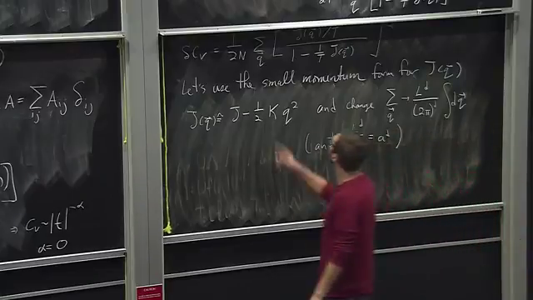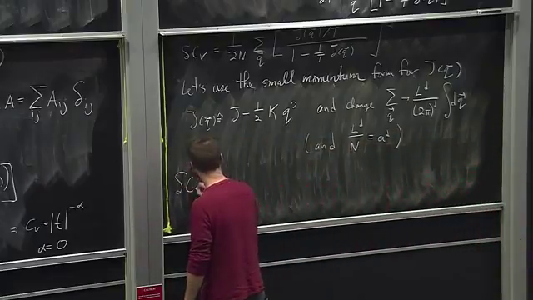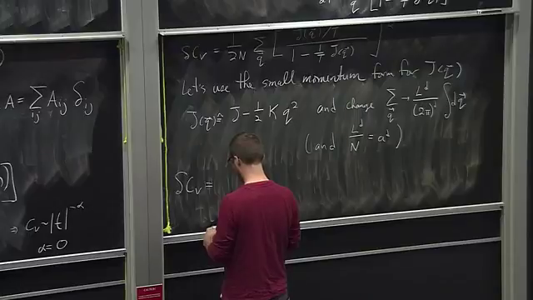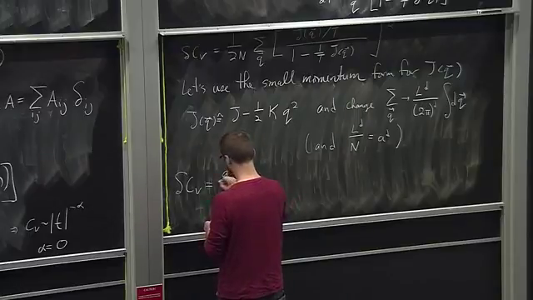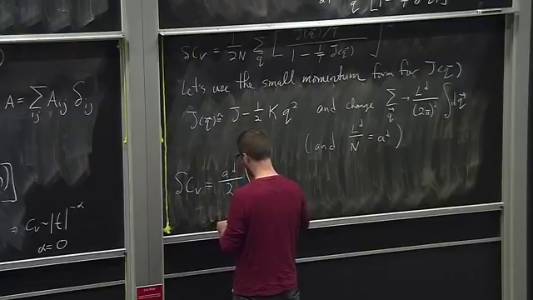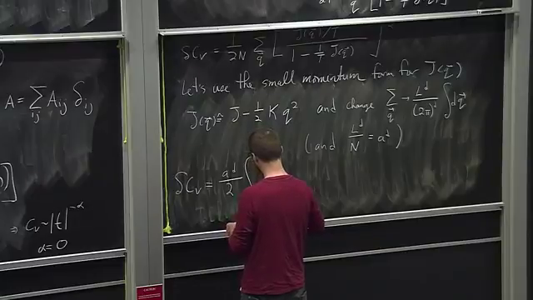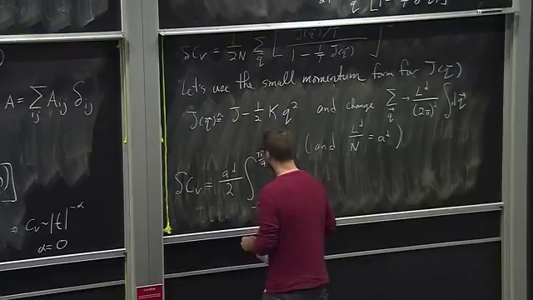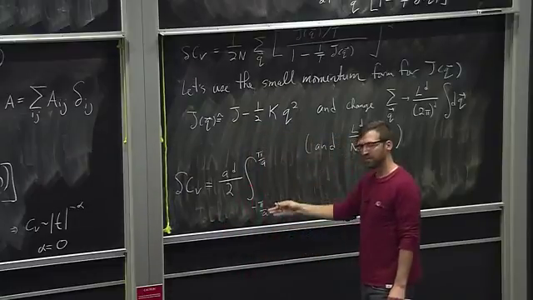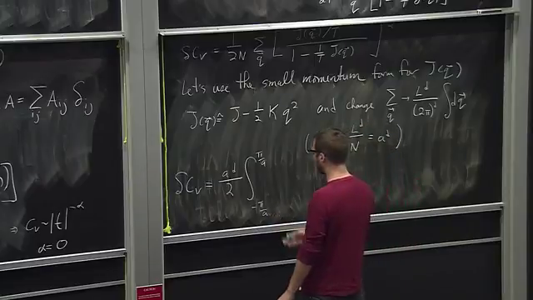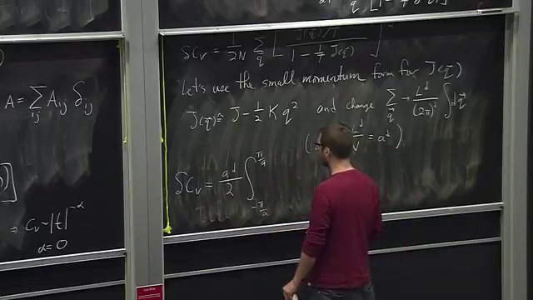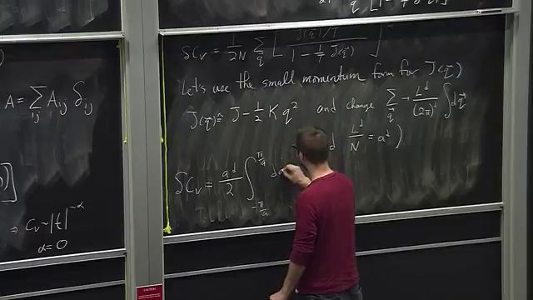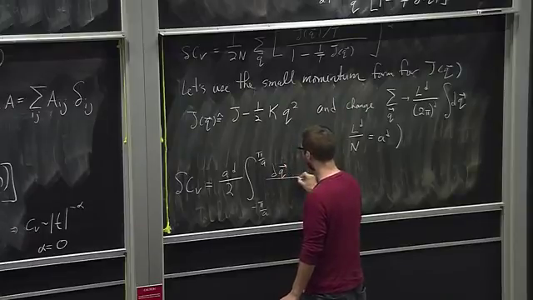So then our integral goes over the Brillouin zone, minus pi over a to pi over a. I have a d-dimensional integral.